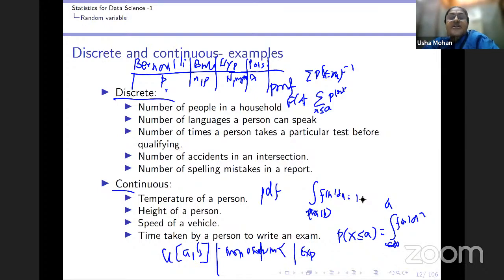Exponential distributions are typically used to model inter-arrival times or service times. In an exponential distribution with parameter lambda, the mean is the reciprocal of the parameter, and variance is 1 by lambda square.